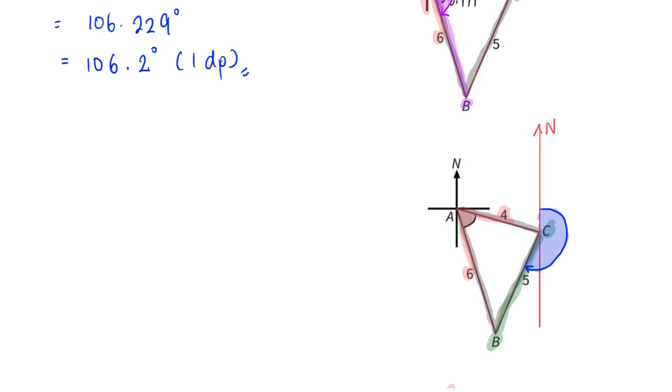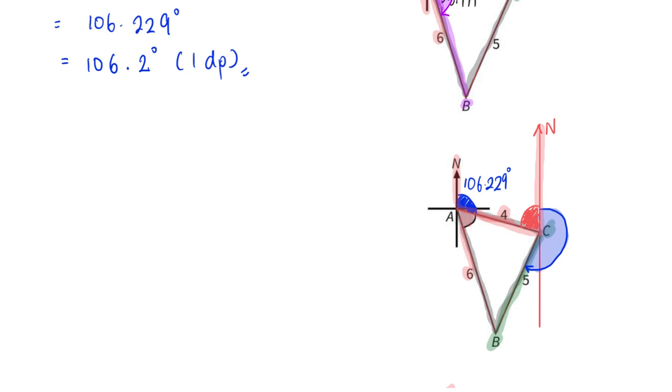Alright, one approach here would be, previously we have found that this particular angle is 106.229 degrees, and by interior angles I would then be able to get this red color angle here, because this north arrow and this north arrow are parallel lines.